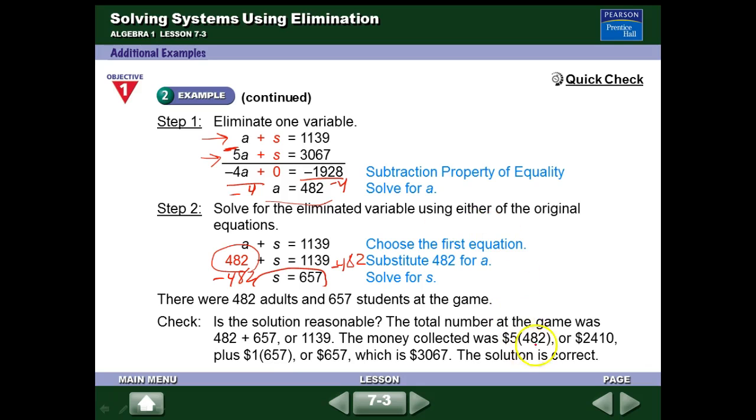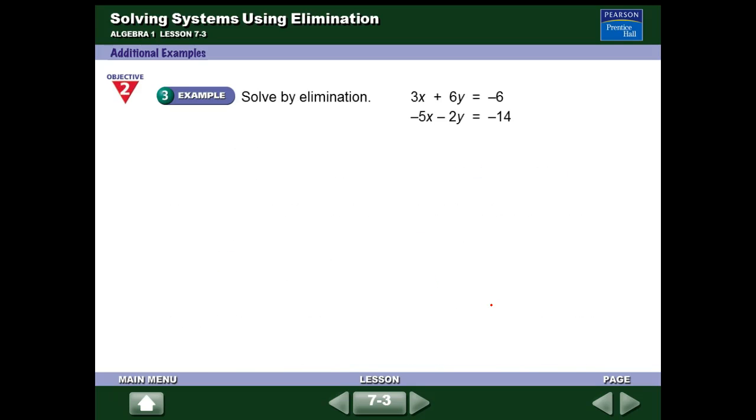Well, $5 times 482 gives me $2,410. $1 per student ticket would have $657, which if you add those two together gives you our $3,067 that was collected. So the solution is correct.